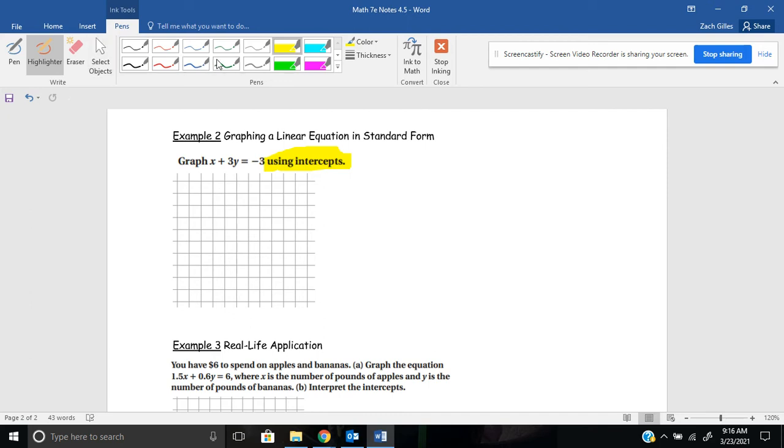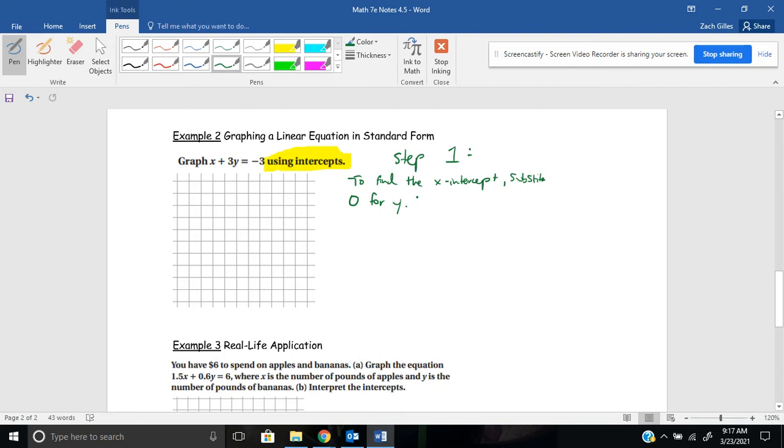So the first step when you're using intercepts is to find the x-intercept, you substitute 0 for y. Okay, so let's write that down. To find the x-intercept, substitute 0 for y.